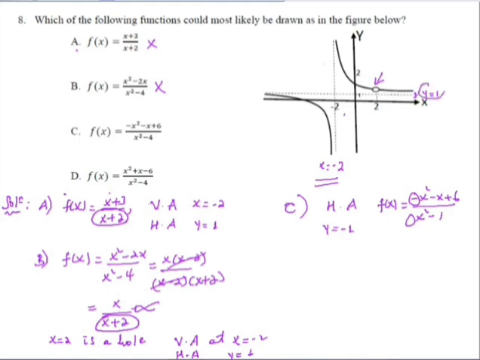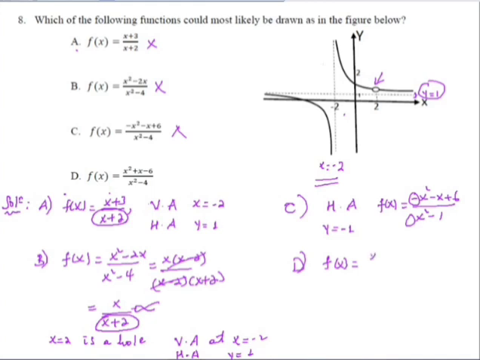Here the graph's horizontal asymptote is y equals 1. Therefore, we don't expect the function in C to describe this graph. The only one left is the function in D. So let's check the function in D.